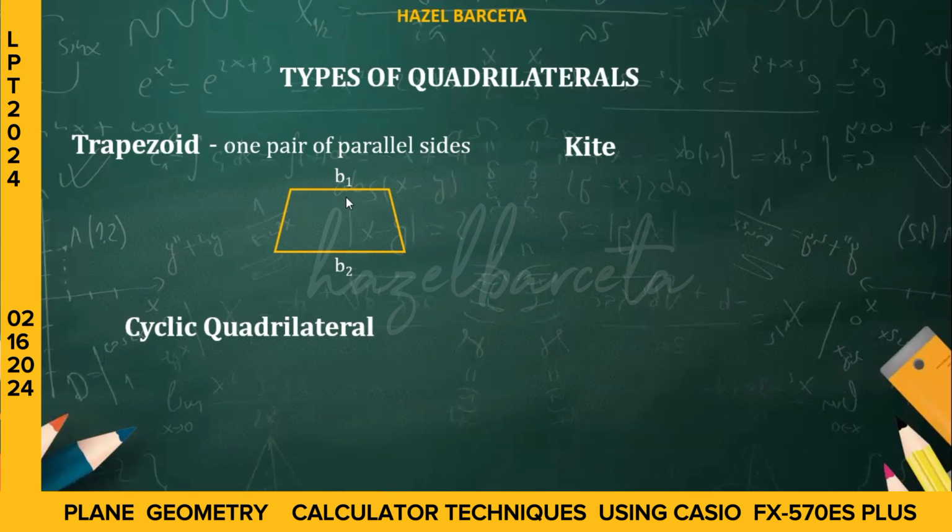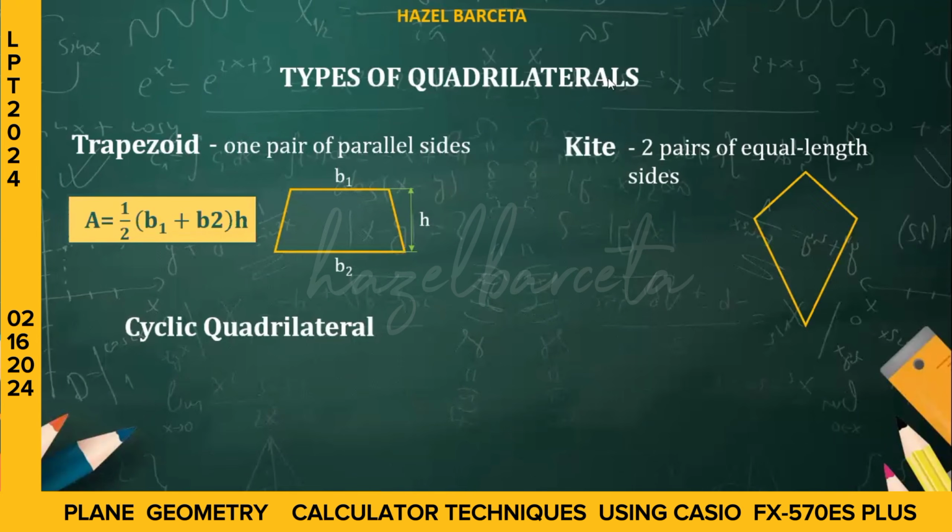So, just like dito, kukunin din po natin yung vertical dimension, which is the height. So, therefore, the area is equal to 1/2 times the quantity of base 1 plus base 2 times the height or the altitude.